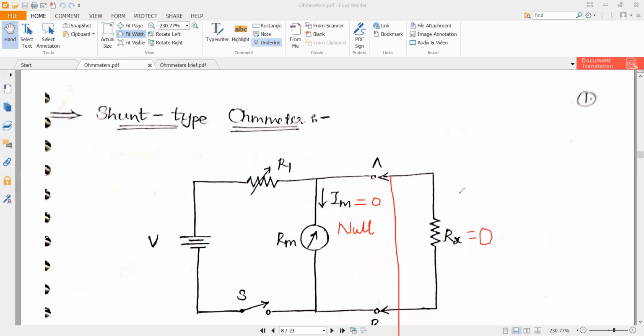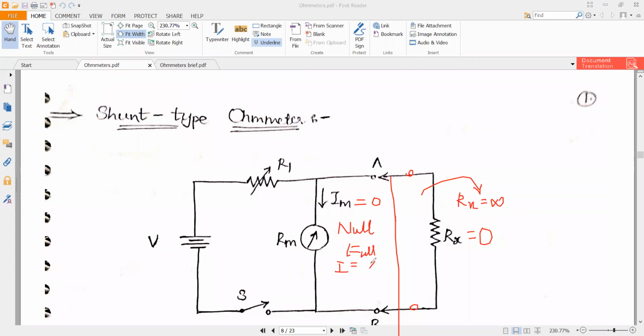Similarly, the infinite case, if Rx is equal to infinity. The first case we considered was short circuit; the next case, it is going to be open circuited. Then Rx is infinity, and the meter reading comes across as full scale deflection, that current is also maximum.